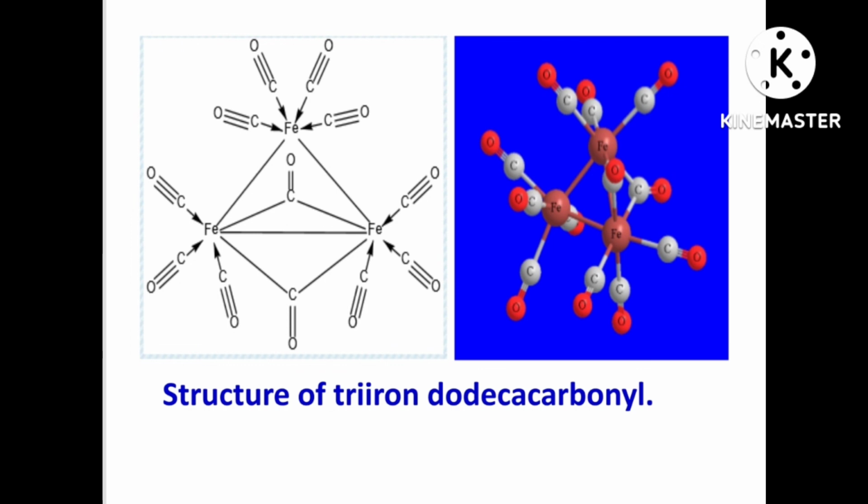So these 10 carbon monoxide molecules are known as the terminal ligands, and the 2 are known as the bridged ligands. And every 2 iron atoms are linked with one Fe-Fe metal bond. So like that, in triiron dodecacarbonyl, 3 Fe-Fe bonds are there, and 2 Fe-CO-Fe bridges are present.